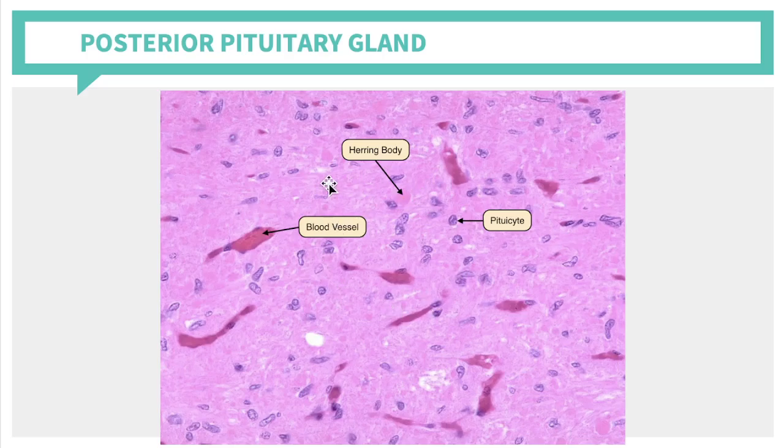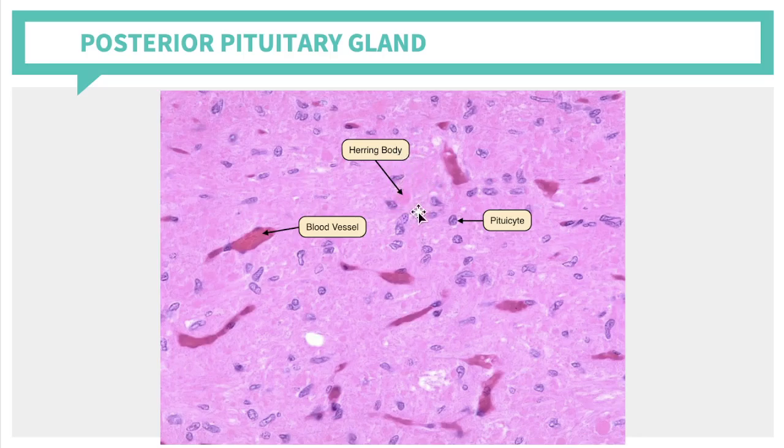So, this is the posterior pituitary, mostly composed of unmyelinated axonal processes and the terminals of, again, the supraoptic and paraventricular nuclei, and the pituitary stalk, as we said, connects the two glands. The posterior pituitary has a characteristic presence of Herring bodies. Okay?